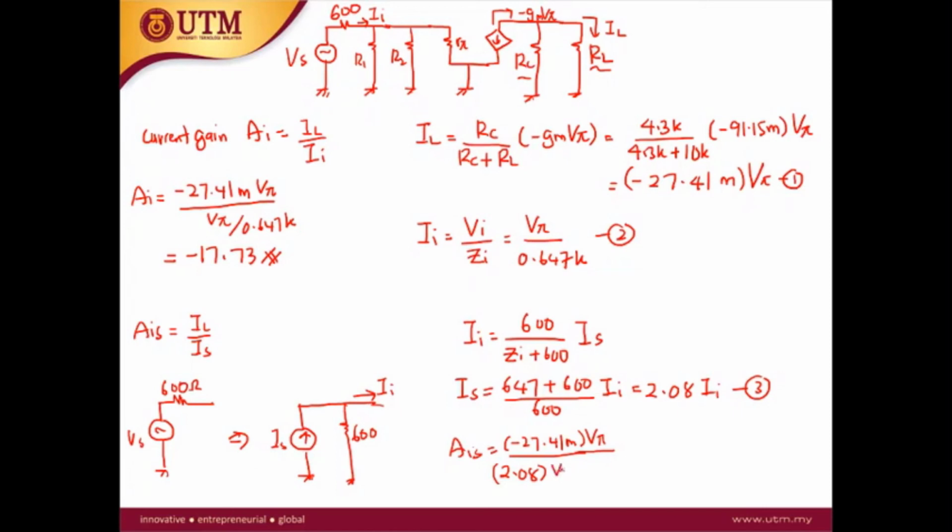So here we can cancel out the V pi, and lastly we get the value of AIS as minus 8.52. Okay, so this is the answer for AIS.